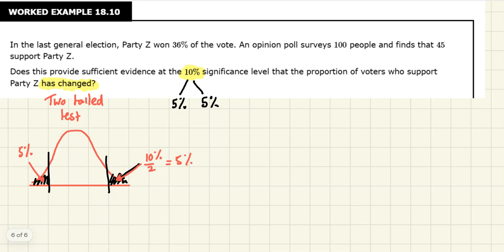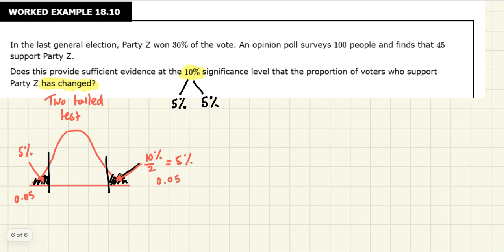So the probability is 0.05 this end and 0.05 that end. Okay, so that's understanding the situation. Can we just calculate? No, because we need the two different values, don't we?